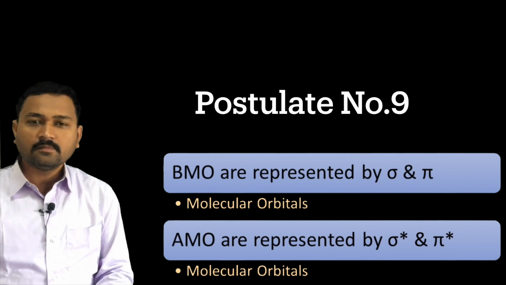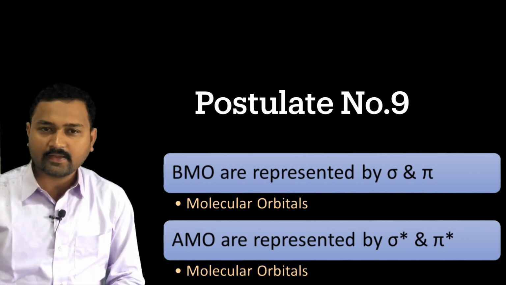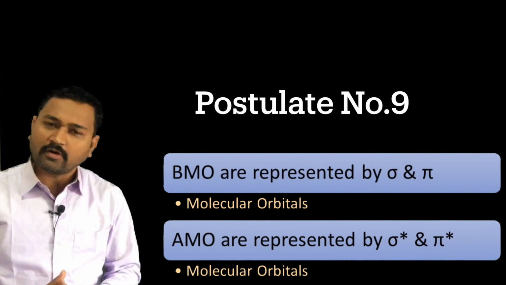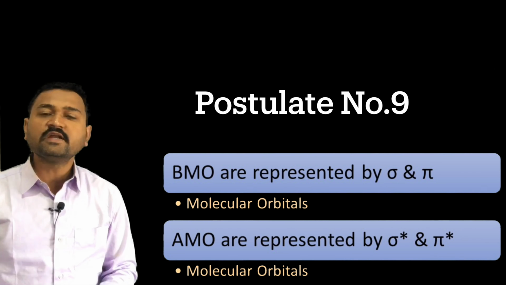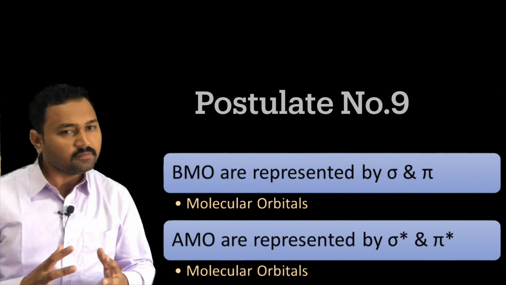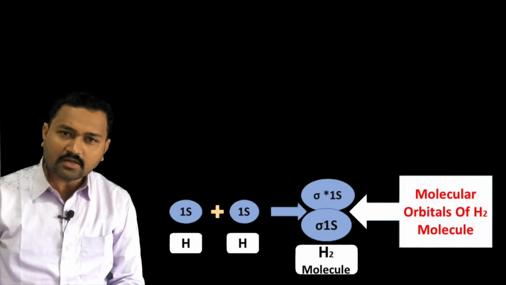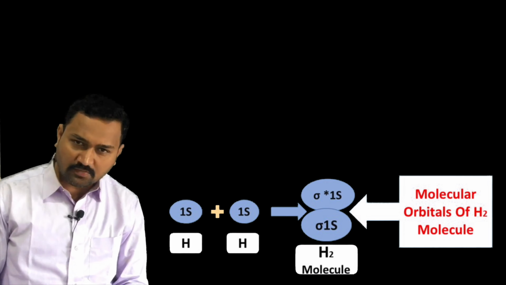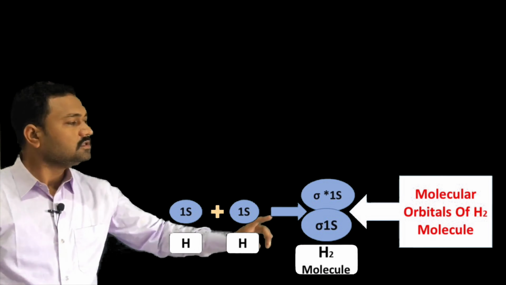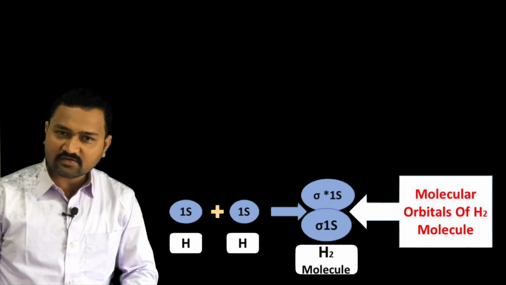Now, postulate number 9. Generally, the bonding molecular orbitals are represented by sigma and pi, while the anti-bonding molecular orbitals are represented by sigma star and pi star. So here you can observe that during the formation of the hydrogen molecule, two molecular orbitals are formed.